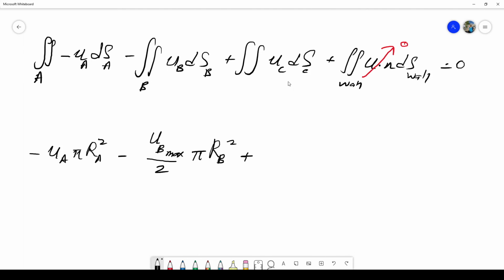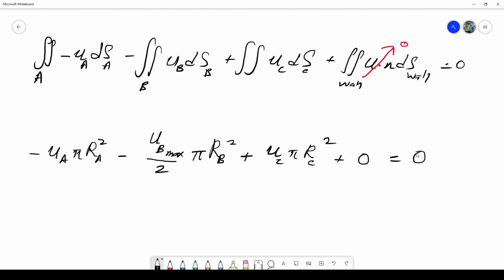Plus, if we integrate the UC dS, we will get something similar to the mass flow at station A. So we have UC pi RC square plus 0, which is the contribution from the wall, and all of this will be equal to 0.